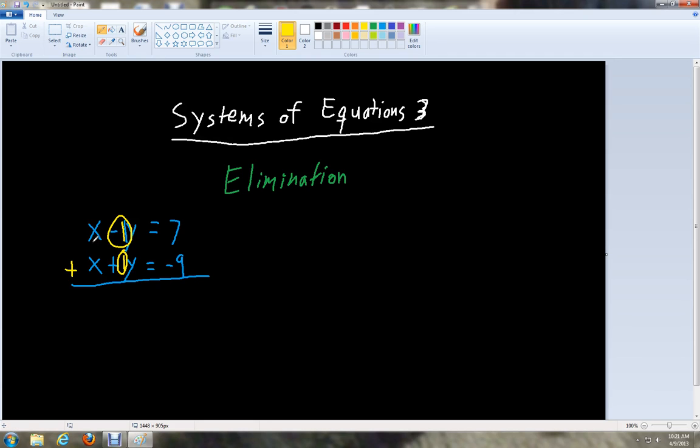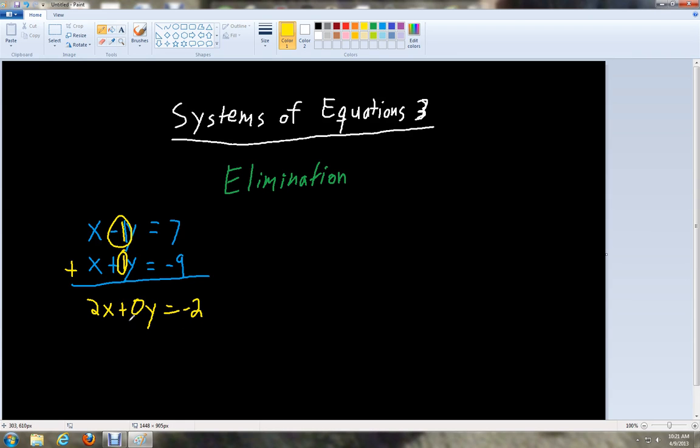If we add x plus x, we get 2x. Negative y plus y would be 0, we just have 0y, equals 7 minus 9, which is negative 2.